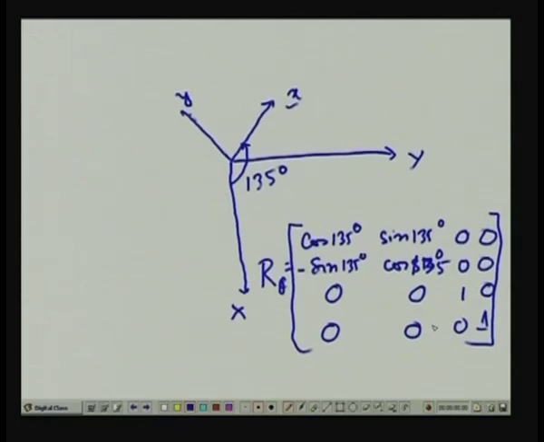So, after we apply this r theta, the next operation that we have to perform is to tilt the camera by an angle 135 degree. Again, to have a look at this tilt operation, we take a two-dimensional view. The view will be something like this. We take this as the z axis of the 3D world coordinate system, and in this case it will be the y z plane of the 3D world coordinate system.